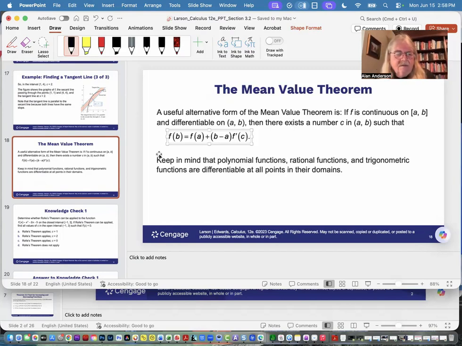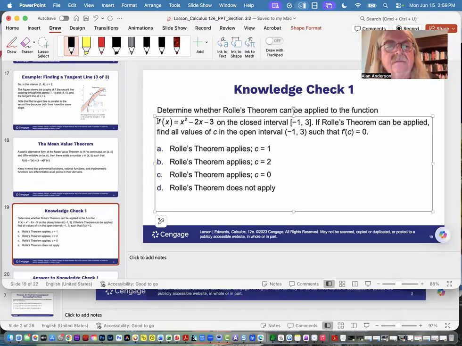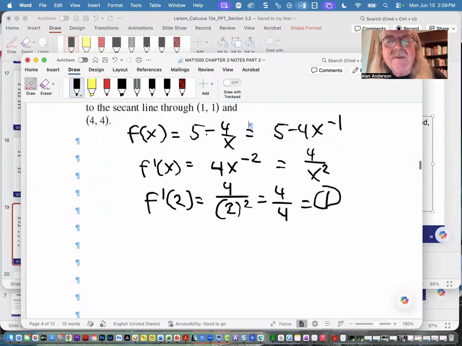All right, now, they want us to try Rolle's theorem here in this function. Okay, I guess it won't copy. Let's try this.